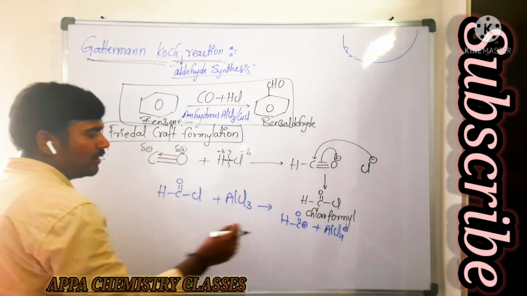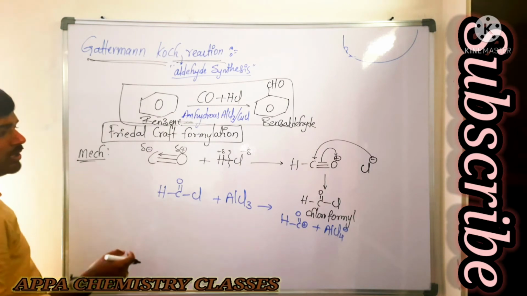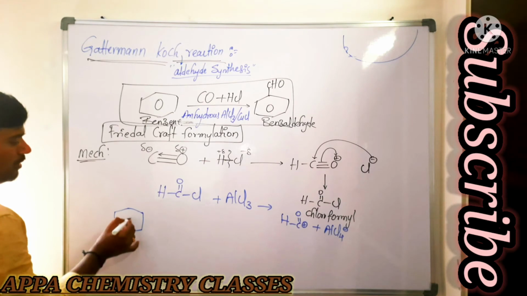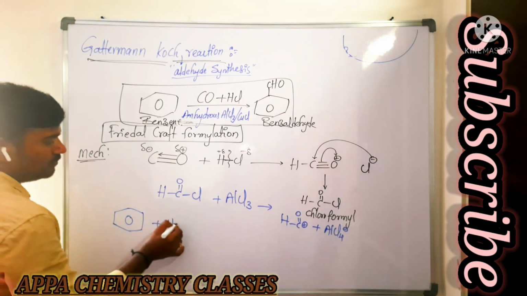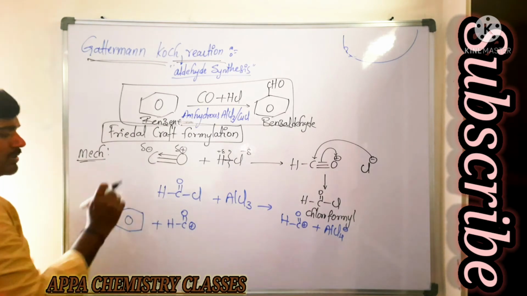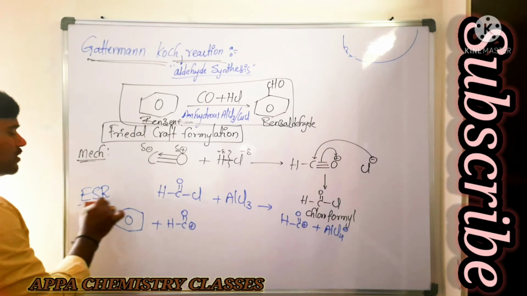Now this formyl group will be substituted on the benzene ring. Okay, now that is electrophilic substitution of benzene with a formyl group. So this formyl carbocation is substituted on the benzene ring. It is what? Electrophilic substitution reaction.